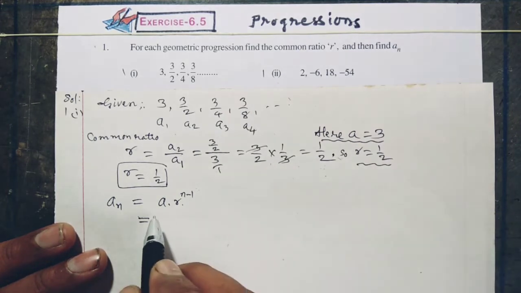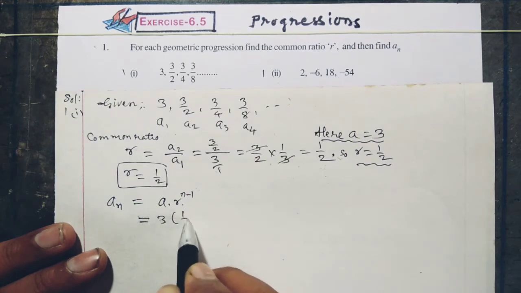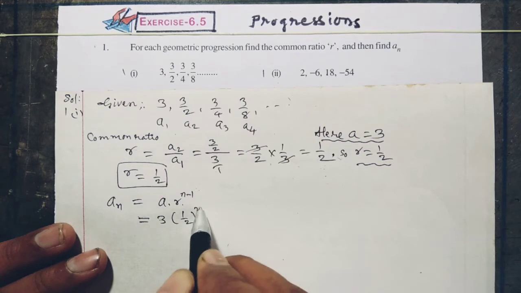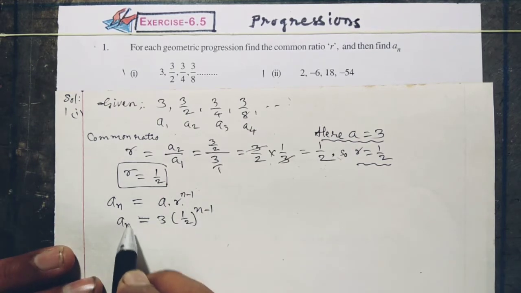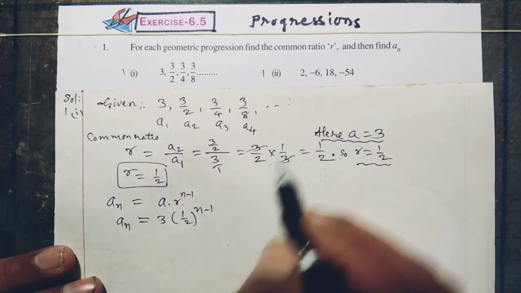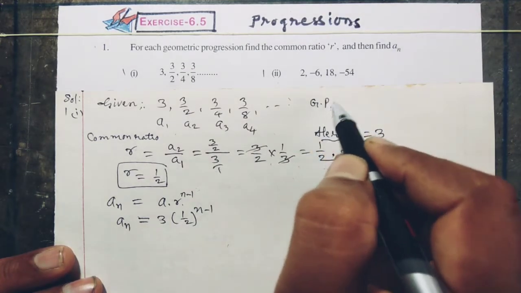These we have to substitute in this: A3 or 1 by 2 whole to the power of n minus 1. So this is the nth term of GP.